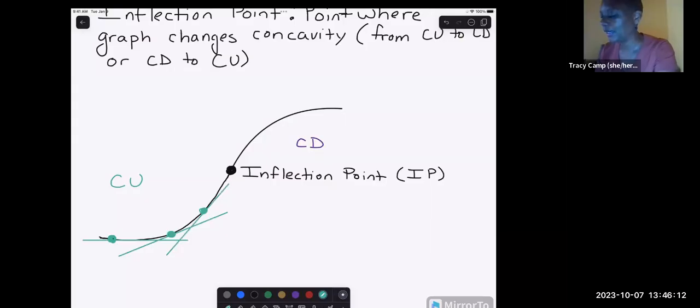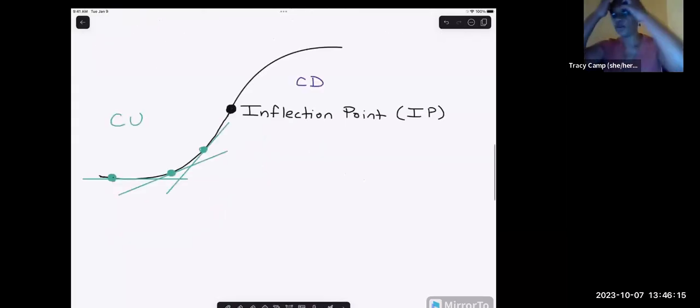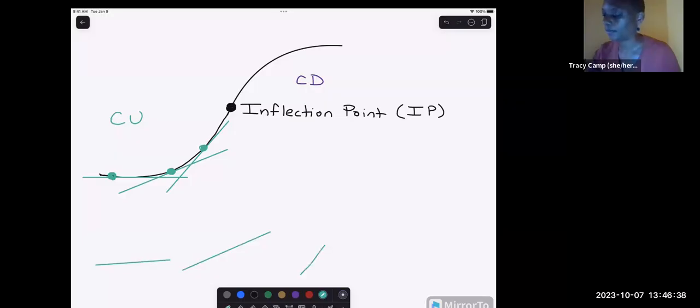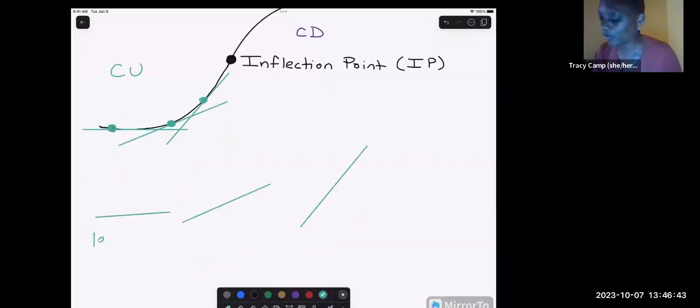And basically, in algebra, you learn the definition of a slope as rise over run. But intuitively, you can think of slope as representing the steepness of a line. So basically, the steeper the line, the higher the slope. So the line that I drew on the left is less steep, right?